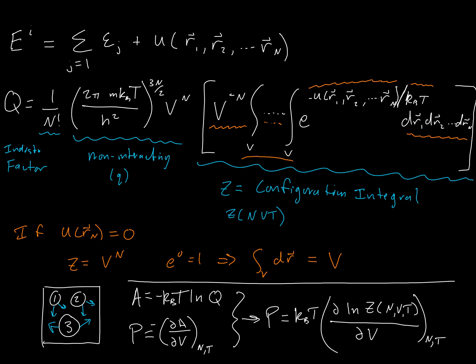And that is because this V to the N cancels with the V to the minus N in our formulation. So that means every volume term is contained within the configuration integral itself. So in the case that you have no interactions, your configuration integral is equal to the volume to the Nth power, and it'll just spit out the ideal gas law, exactly like we've done with the monatomic gas.